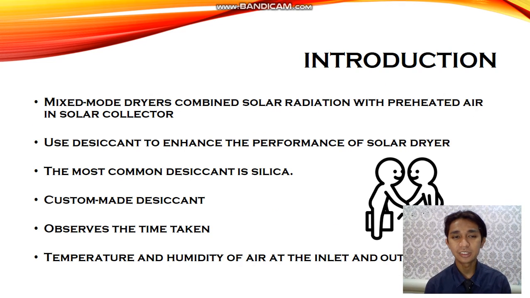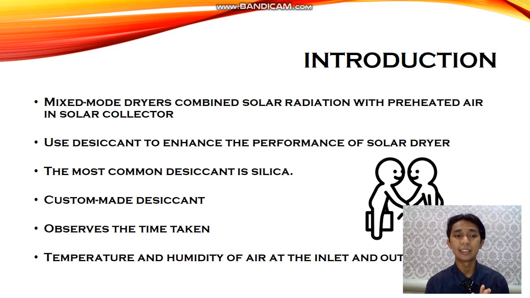And as an introduction, we use mixed mode type of solar dryer, and a mixed mode solar dryer is a combination of solar radiation and preheated air in solar collector. Also in this project we use desiccant to enhance the performance of solar dryer.